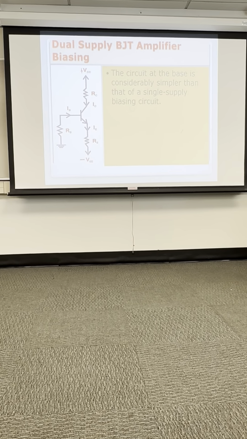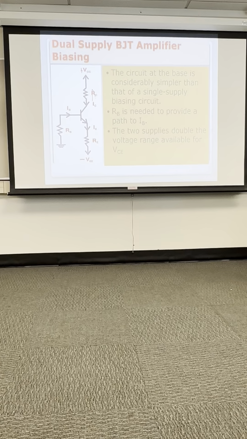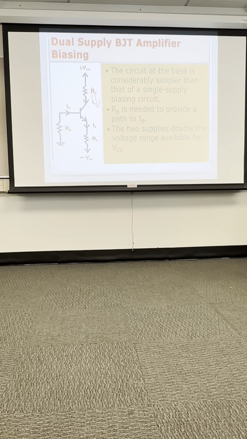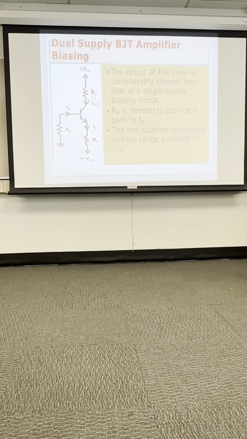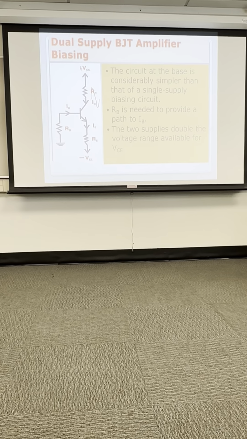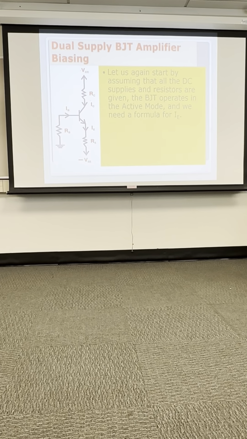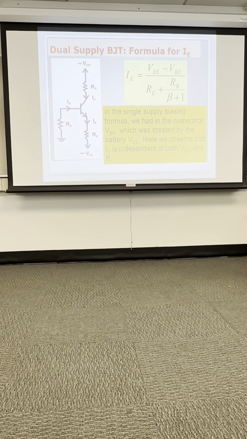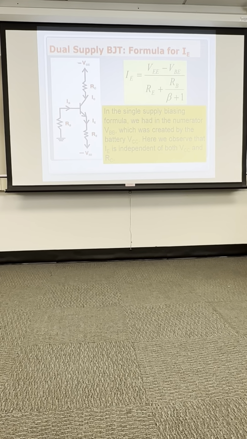So this is a dual supply, and what this does is it doubles the voltage range on the collector, because now we have 2 times that. So if we have 10 volt batteries, we can get approximately maybe 18 volts peak to peak on the collector. So dual supply is the same as the single supply in terms of emitter current.